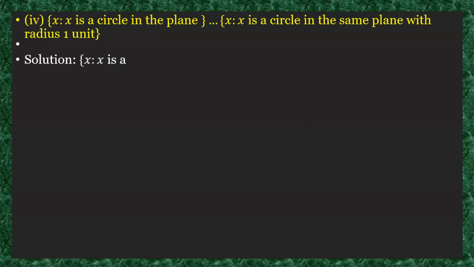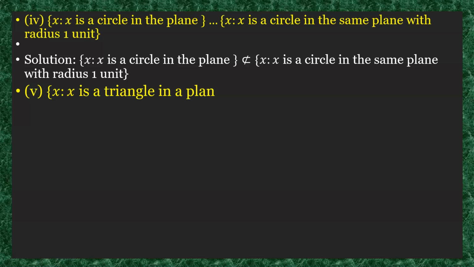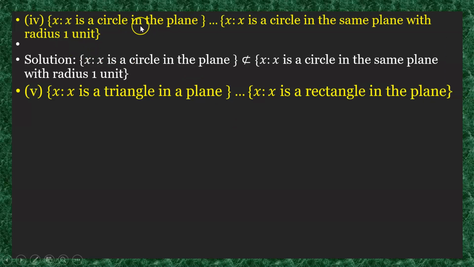Solution: {X : X is a circle in the plane}, and here it is not a subset of {X : X is a circle in the same plane with radius 1 unit}. Here it is restricted that the radius must be 1, whereas the other set has X as any circle in the plane. That's why it is not a subset.